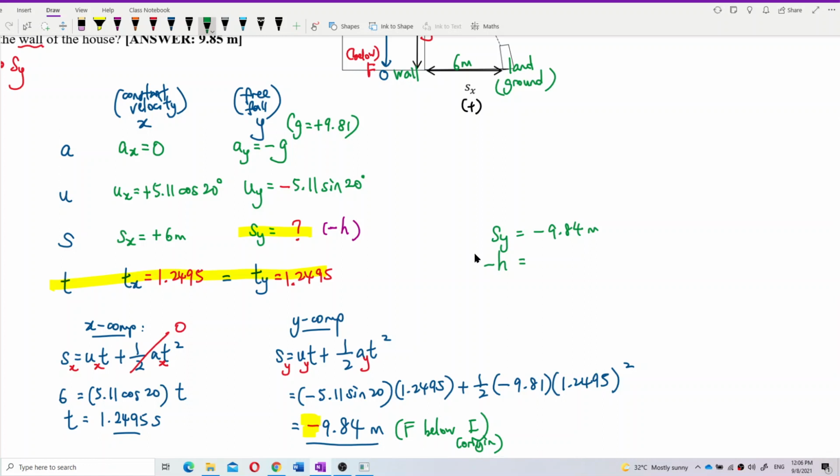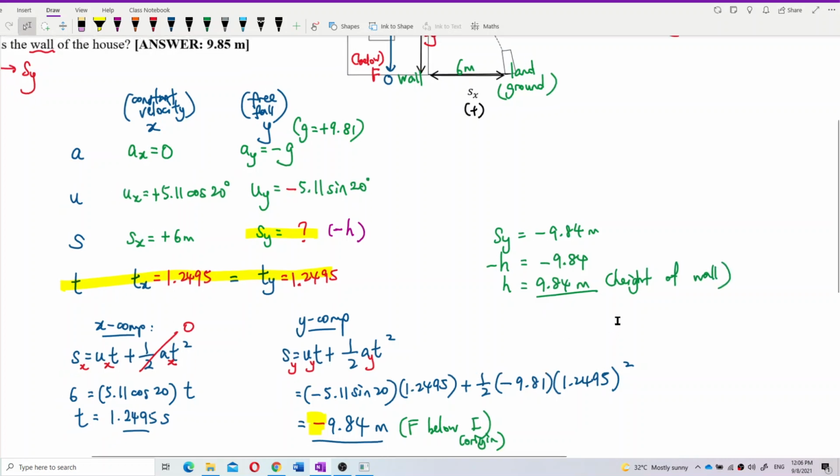H itself don't have a negative value. Height is just height. It's not displacement. So the negative and negative just disappear. So that's why it got 9.84 meter. This is the height of wall.